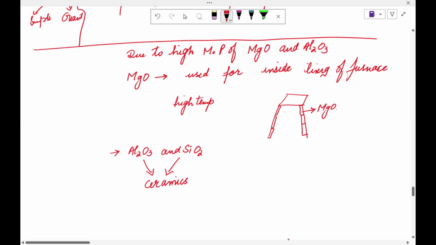We know that washroom utensils are made up of aluminum oxide and silicon dioxide. The other use is that they are also used for electrical insulation.